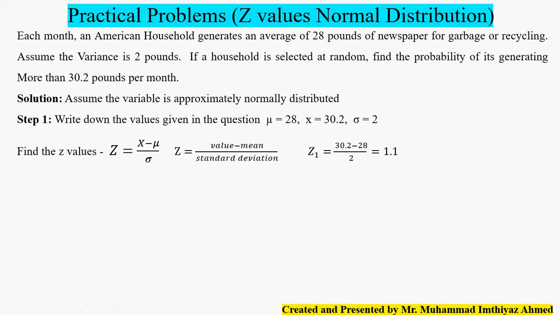The formula for z value is z is equal to value minus mean divided by standard deviation. Our value given in the problem is 30.2, mean is 28, divided by standard deviation 2. It will give you the result 1.1.